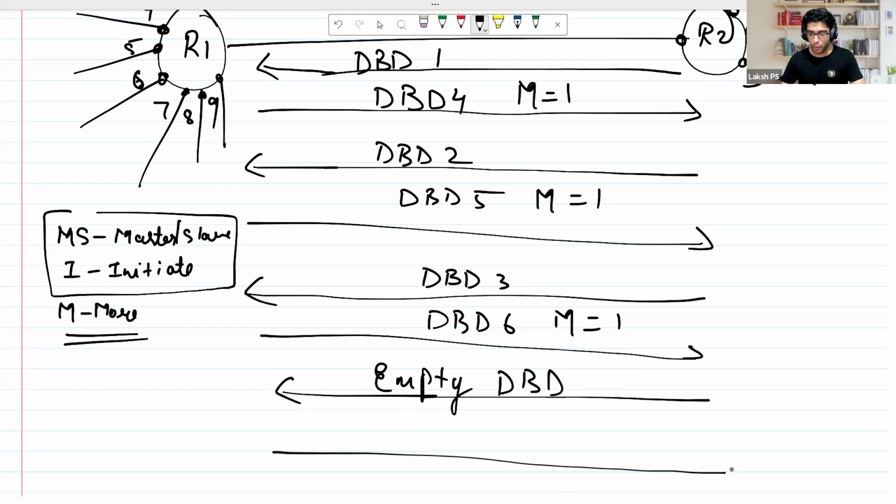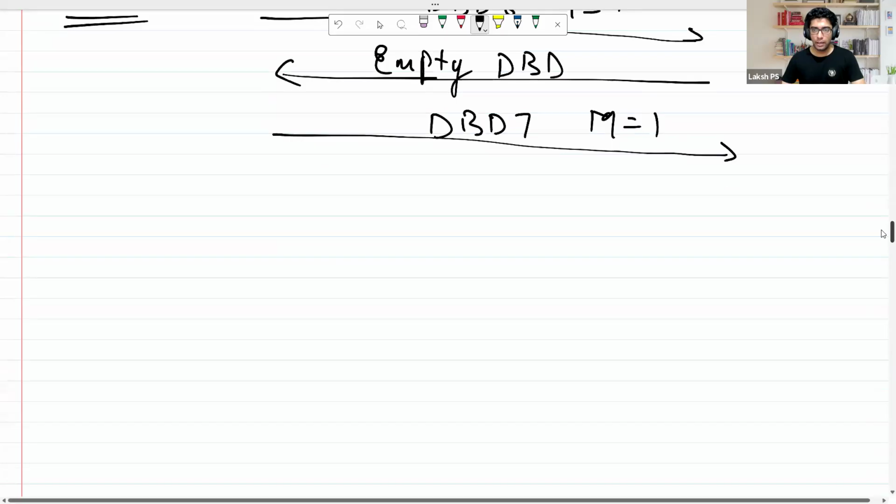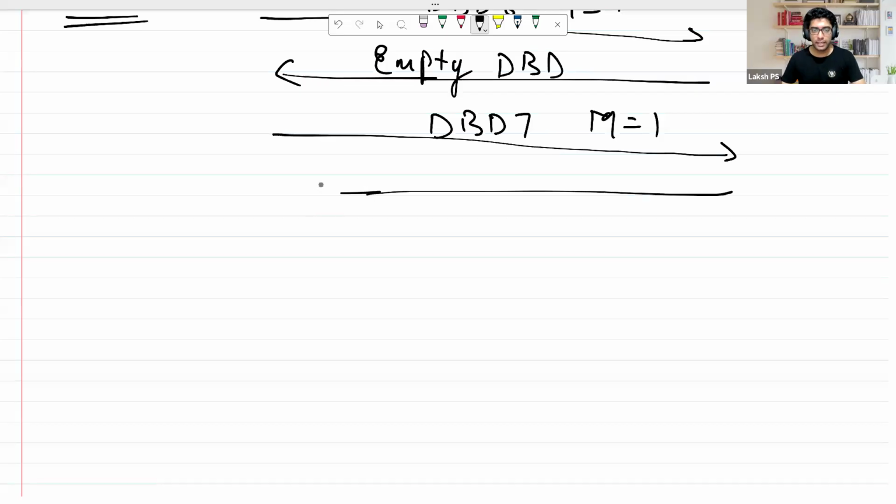So R1 can respond. Now, when R1 responds, it will send back DBD number 7 with the M bit as 1. Now, R2 will again receive it. It will understand that R1 has more bits to exchange. Again, it will send an empty DBD.